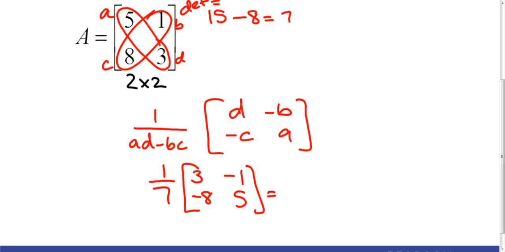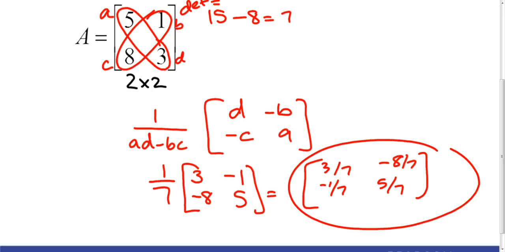I would take 1/7 times each of those, and then when you do that, you're going to get 3/7, negative 8/7, negative 1/7, and 5/7. So that's how you do it by hand.